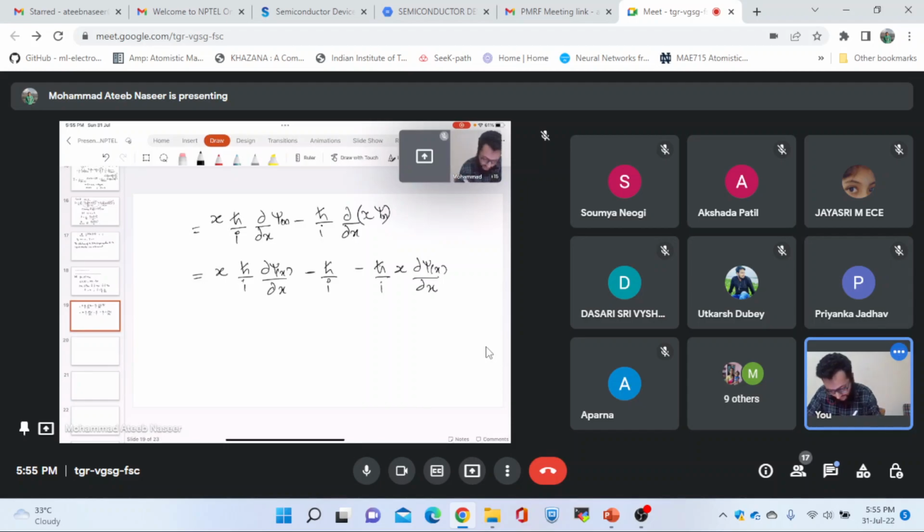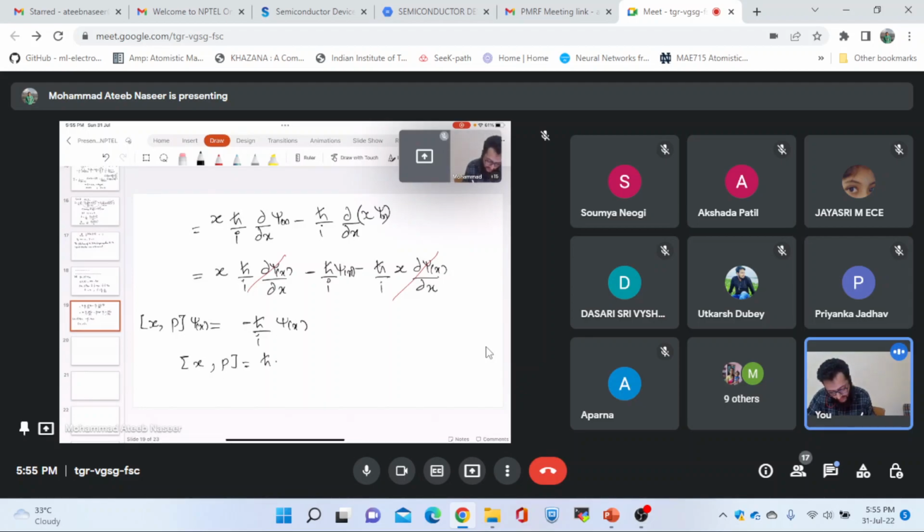So simply these terms will go, both of these terms will go, and we will be left with minus h bar by iota psi of x. So simply x, p acting on psi of x gives x comma p equal to, if we now see, we know that iota squared is equal to minus 1.